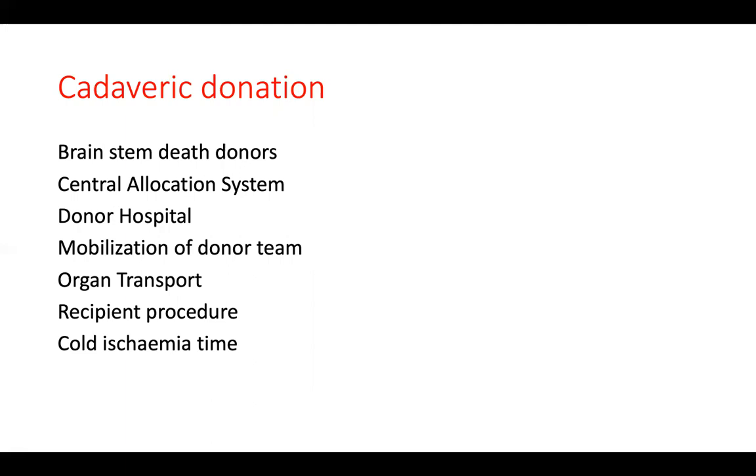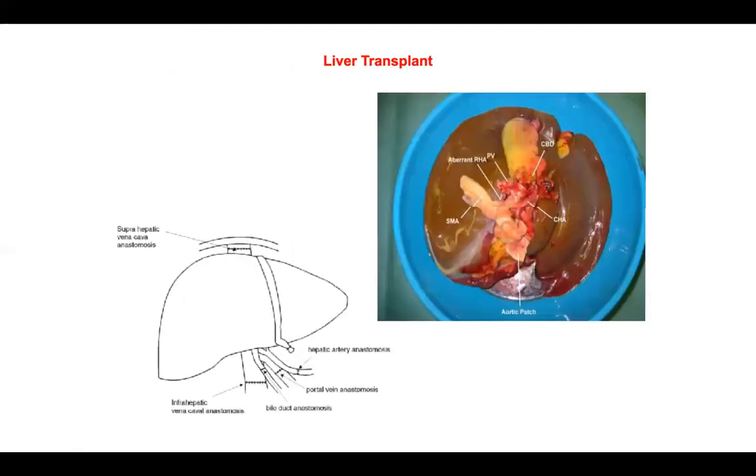There is a need to mobilize a donor team to retrieve the organ and a recipient team to prepare the recipient at the same time. And the time is critical because each organ has to be transplanted within a certain period to minimize cold ischemia and adverse events. Unfortunately, this type of infrastructure doesn't exist in our country at the moment.